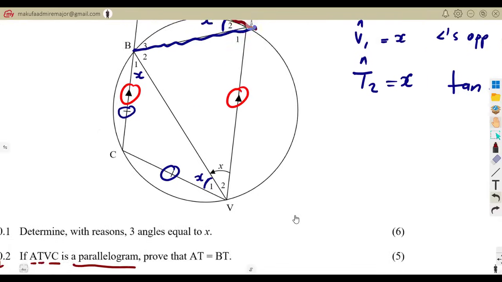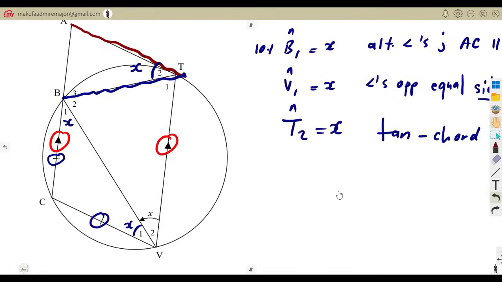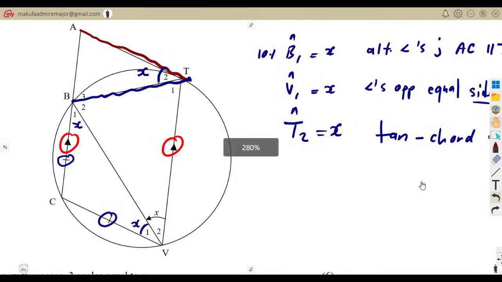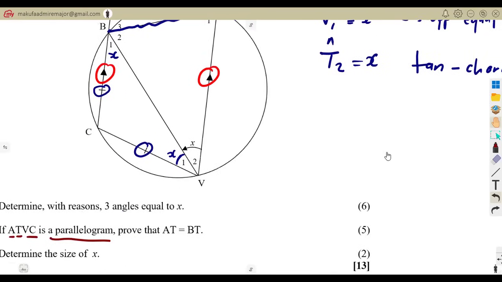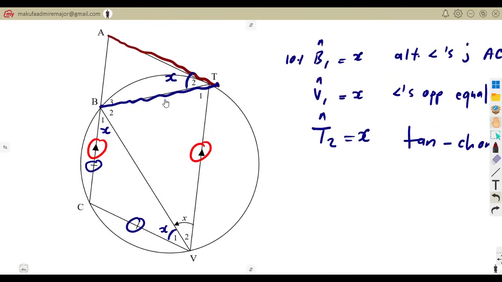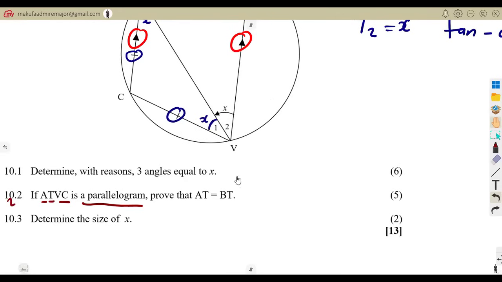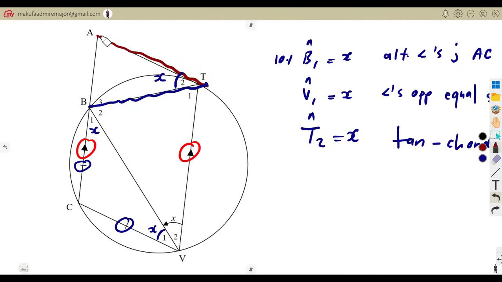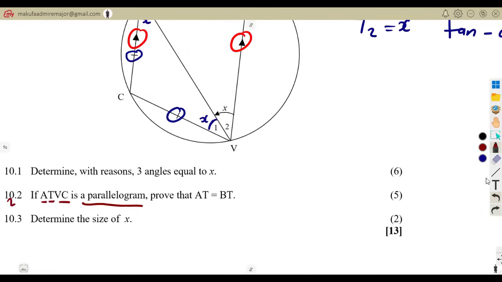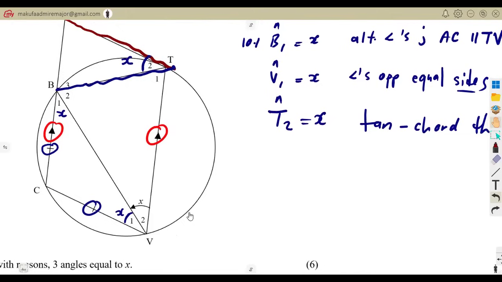With all this information, they're saying, from A to T to V to C, if this is a parallelogram, prove that AT must be equal to BT.